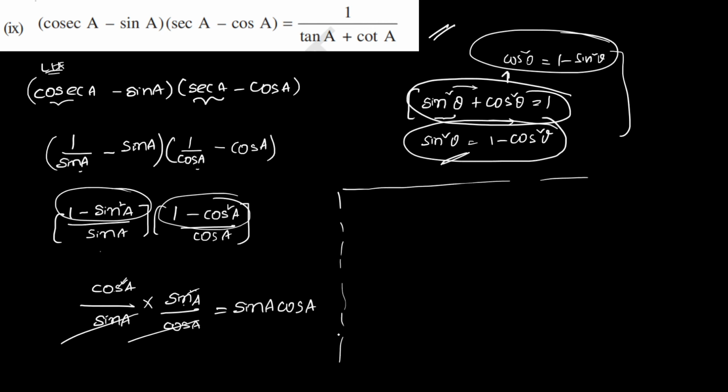Now consider RHS, which is 1 by tan a plus cot a.